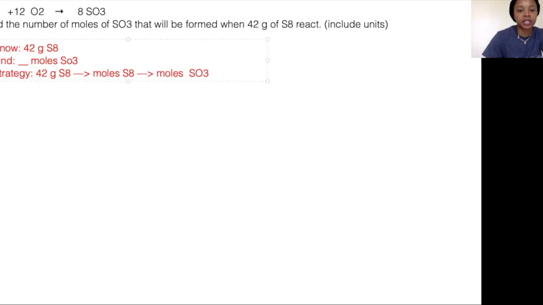I'm just going to break it down a little bit further first. So let's do our first one. This one we're doing from 42 grams of S8 to moles of S8, and you told me that we're going to use what to go from grams to moles?